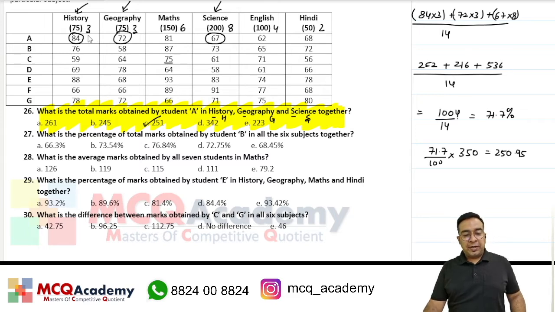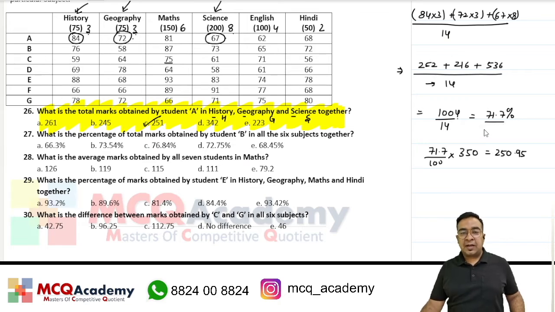So 84 into 3 for history, 72 into 3 for geography and 67 into 8 for science. We added them up. तो ये आपके पास average percentage calculate हो जाएगी when we divide these by the sum of their individual weights, that is 3 plus 3 is 6, 6 plus 8 is 14. तो 1004 को जब हमने 14 से divide किया, we get 71.6%.